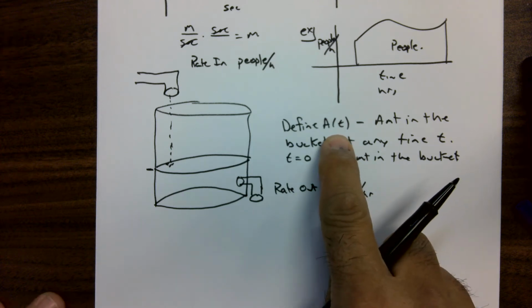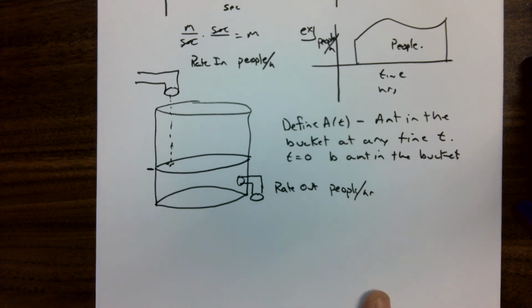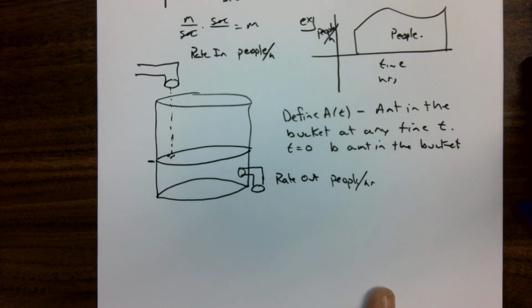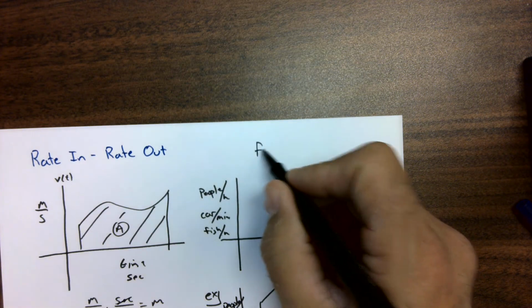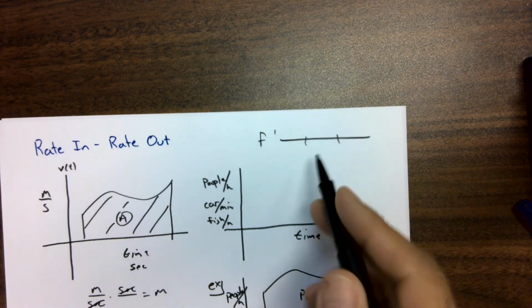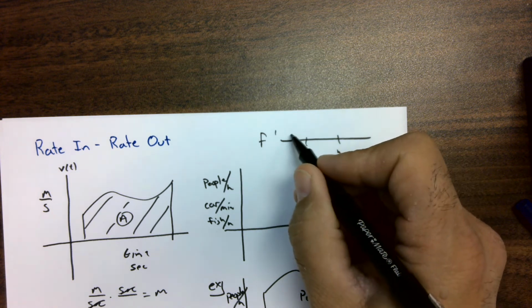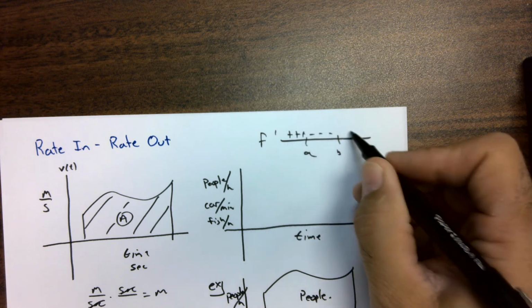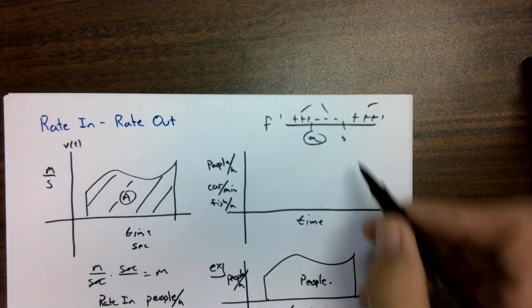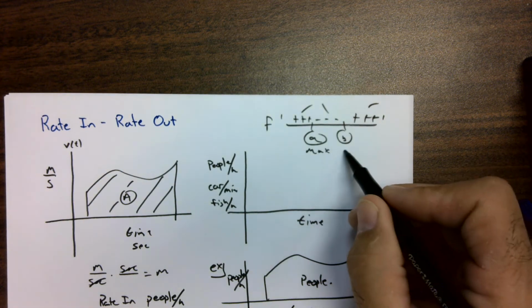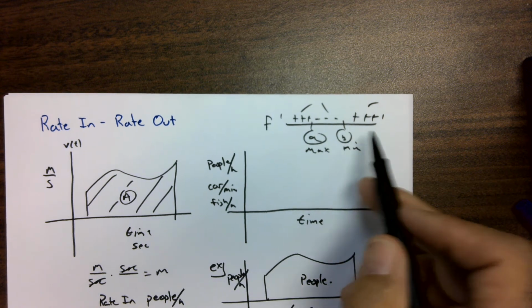So if I want to find what A of t is, this is the thing that you're going to have to do with every single problem, but it's just going to be for your benefit. Just like when we did line justification, and you have A and B, and you have positive here, and negative here, and positive here, positive, negative, positive. You have a local max here and a min here. This is just for your benefit.